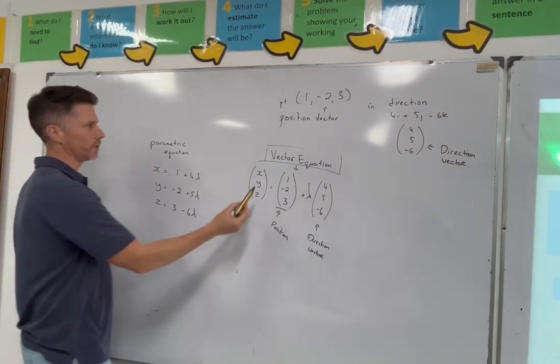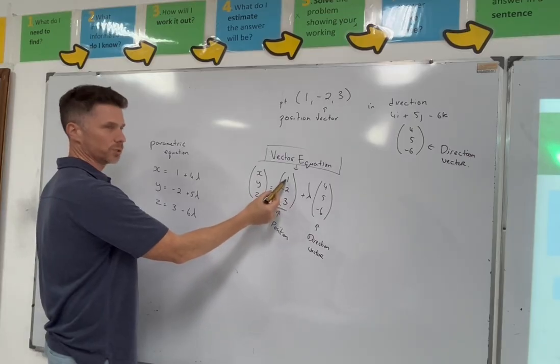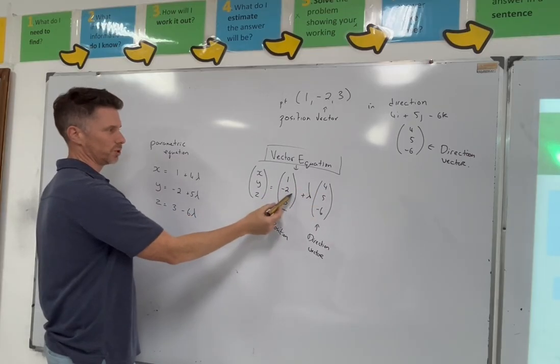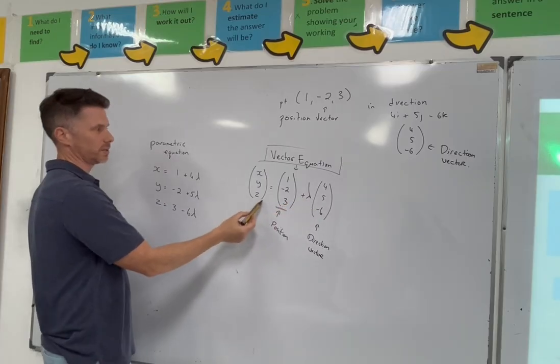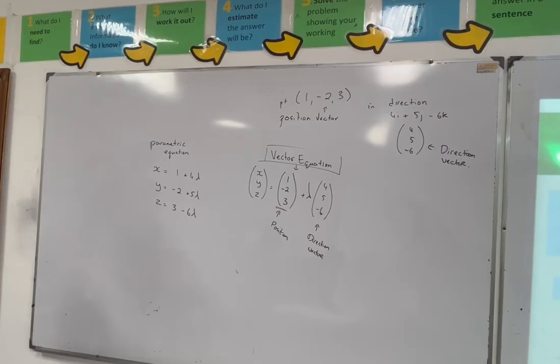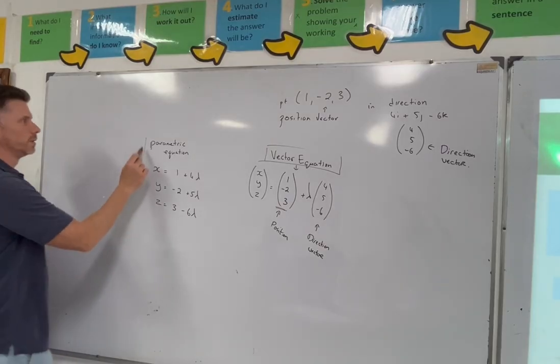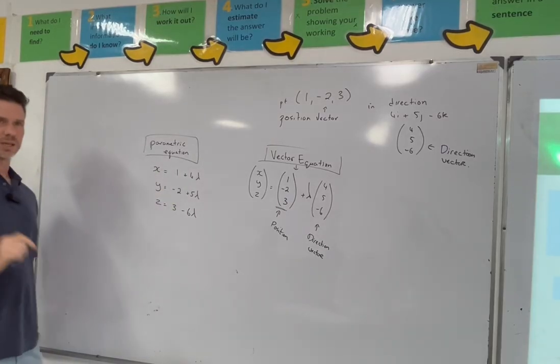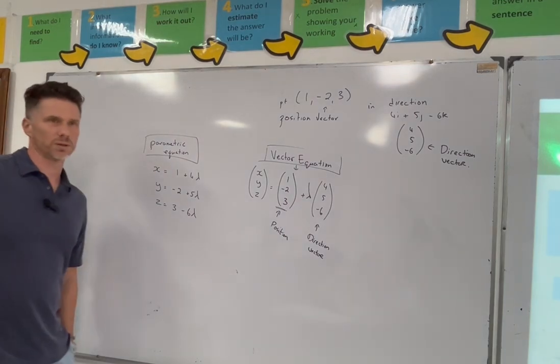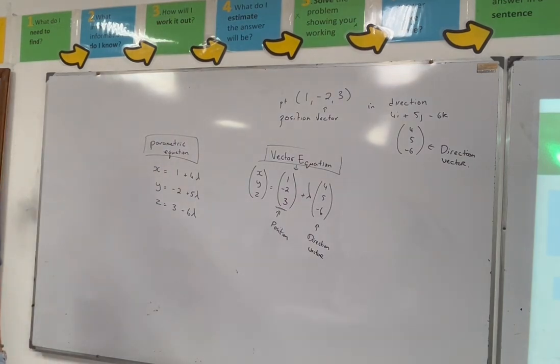How did I get that? Well, x, 1 is its position, and lambda times 4. y is minus 2 position, lambda times 5. And z, 3, lambda times -6. This is called the parametric equation, or parametric form, which deals with each parameter x, y, and z separately and gives a separate equation for all three.